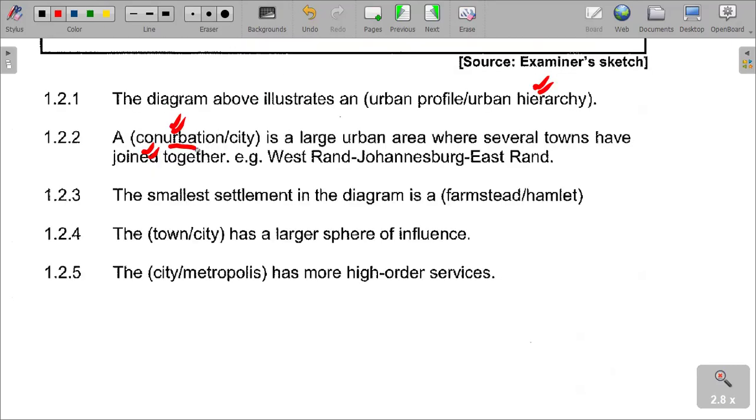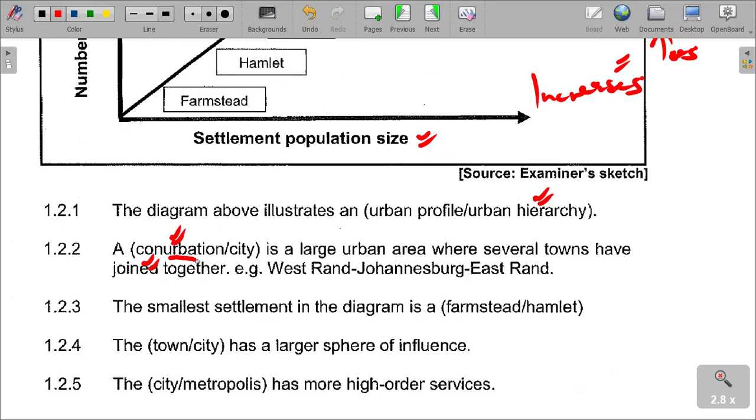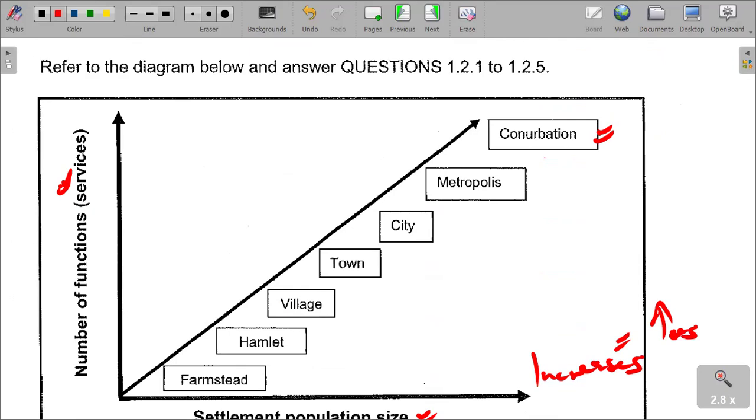And then the smallest settlement in the diagram. Looking at the hierarchy, the lowest one, the first rank, shows the smallest, which is a farmstead.